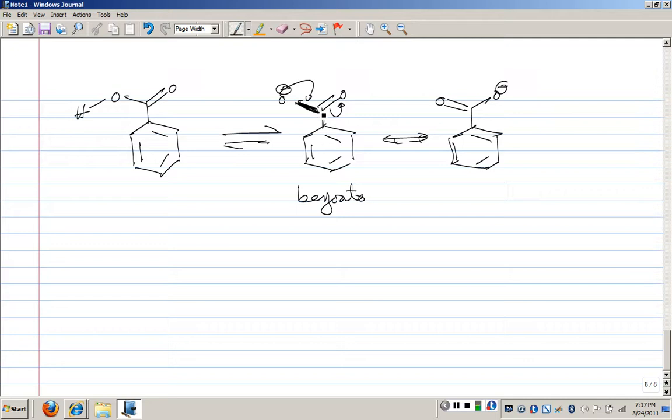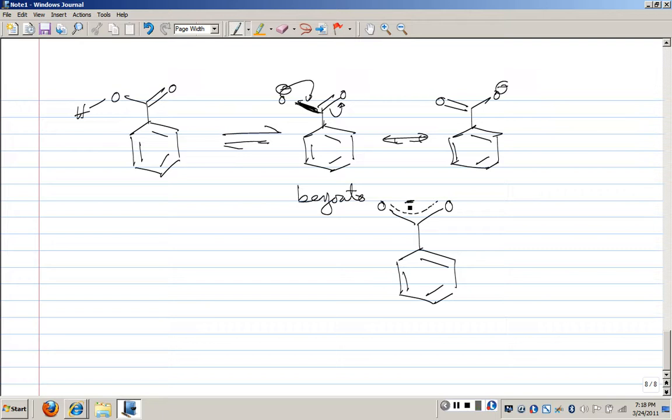So the only double bond I can access in this system is the carbonyl group that's adjacent. Now that has a problem, because when I draw the carboxylate anion, or the benzoate anion, the hybrid will look like this. I'll basically have half minus here and half minus here, but let's just put the minus charge there.